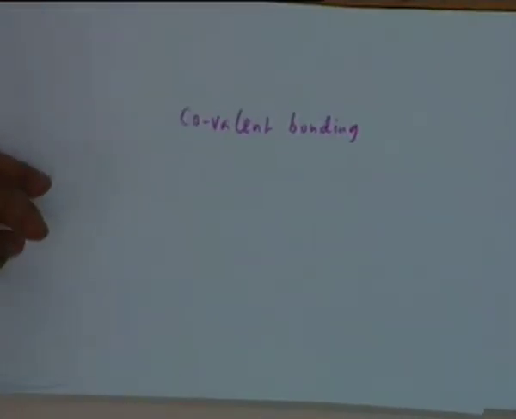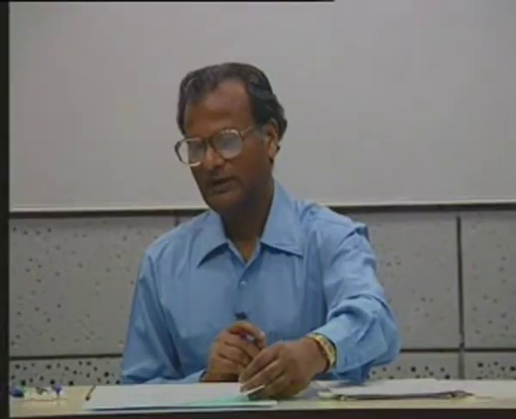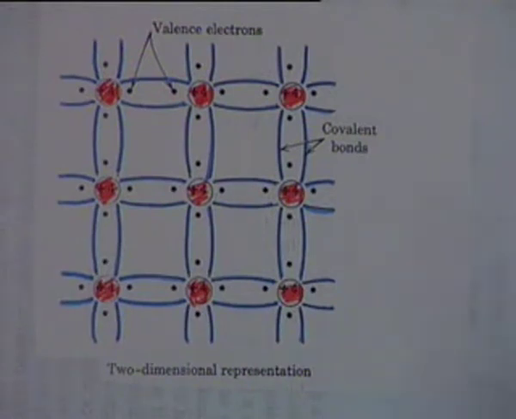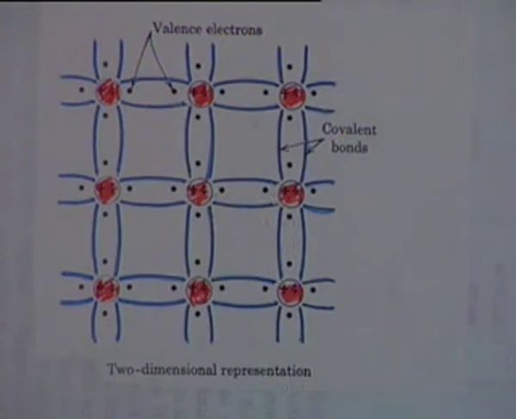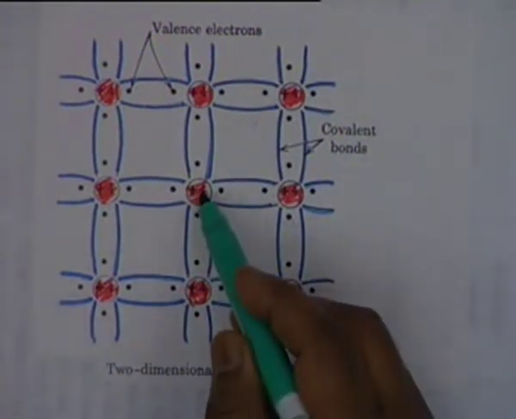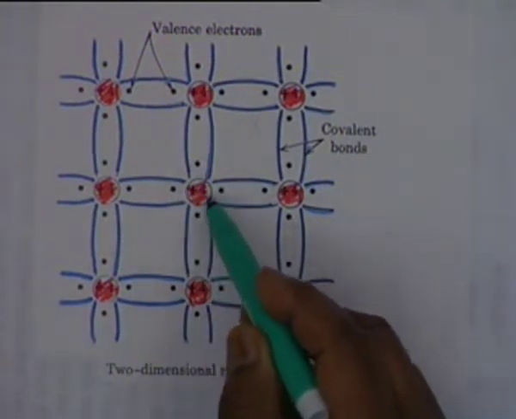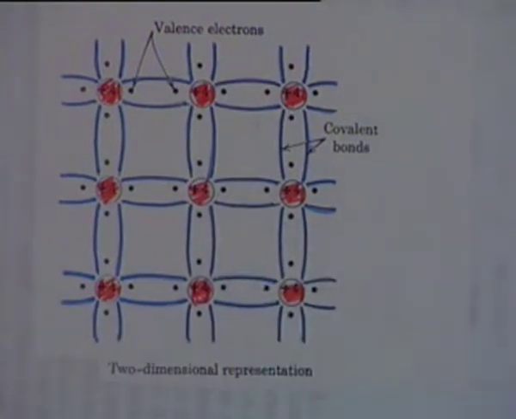I can't show a 3-dimensional picture in 2 dimensions, but a typical 2-dimensional representation would be like this. These are the positive charges, plus 4, and 1, 2, 3, 4. These are the outermost shell electrons.